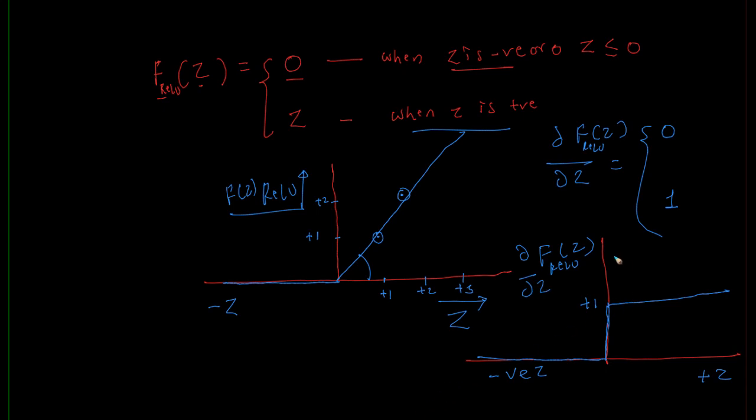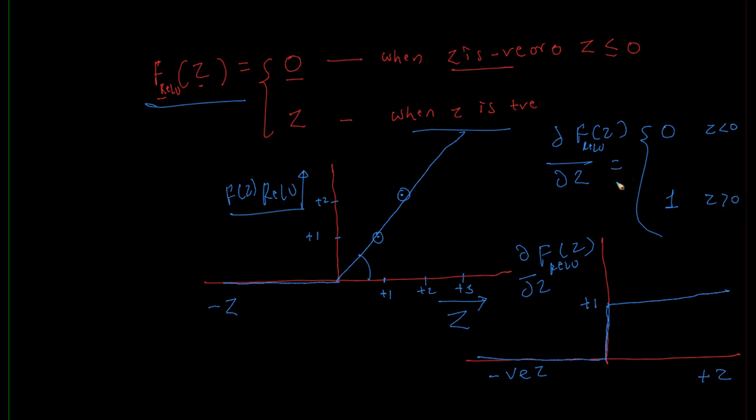Now the point to note here is that computing ReLU of z and computing its derivative is very simple. The ReLU of z is either 0 or z, and the derivative of ReLU is either 0 or 1, for z less than 0 and z greater than 0.